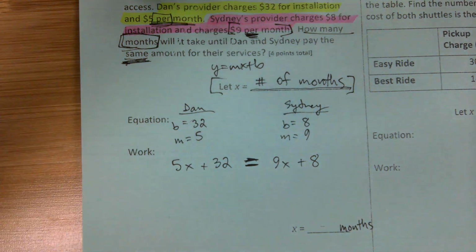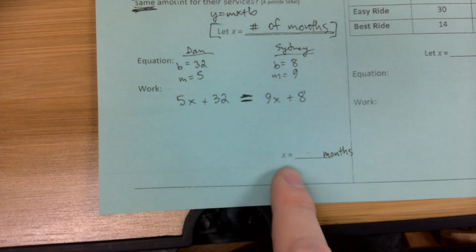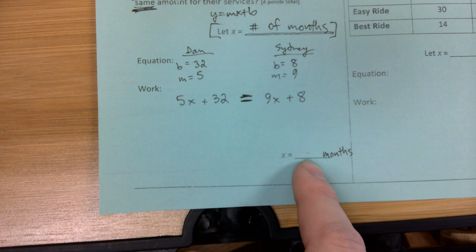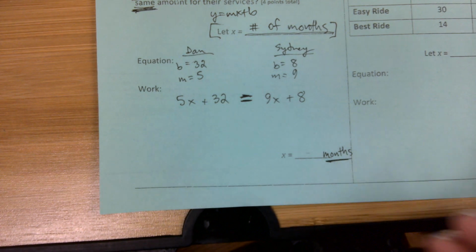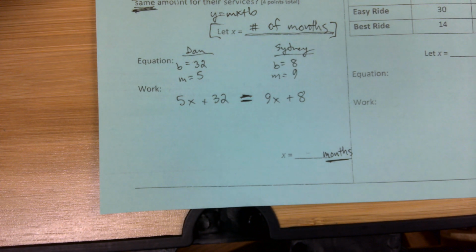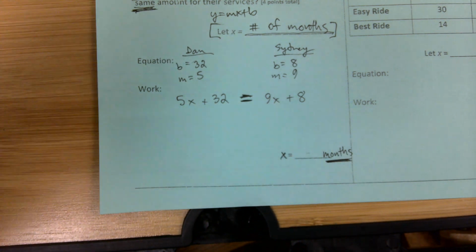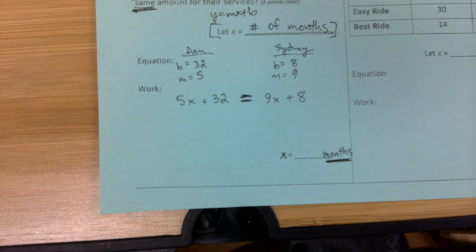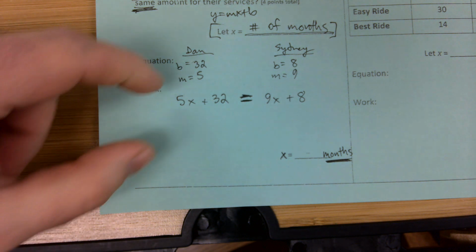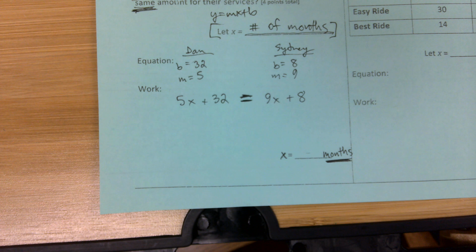And that makes sense because we had already identified that our x at the very end is going to be in months. Right? So we know that x is going to represent months. Y represents the total amount that they've paid. That's why we're able to set these equations equal to each other.